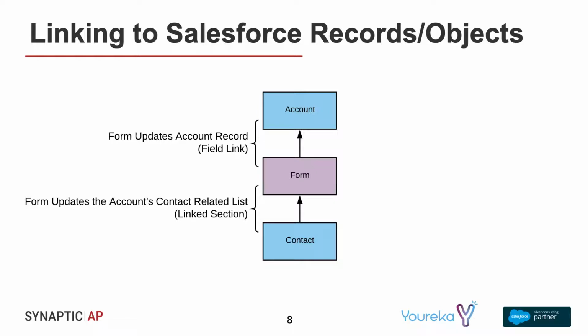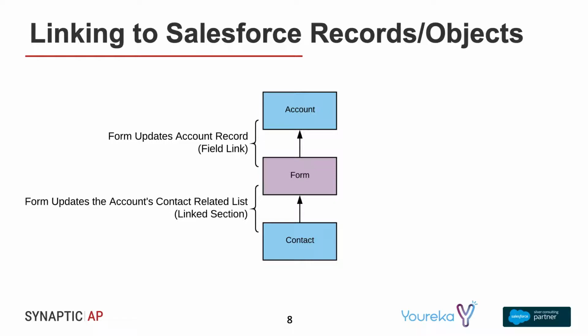And the way that that works is you must create a lookup from your contact object up to the form object. So it's a little bit different than the field link, the direction of the relationship. So as you wrap your head around it and as you think about the objects that you want to be able to update from the form, you've got to think about the different directions of the relationship that you need for these things to go.